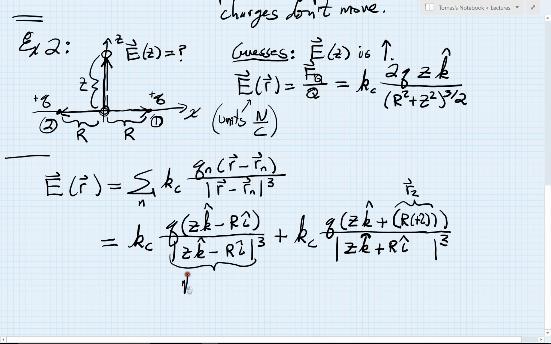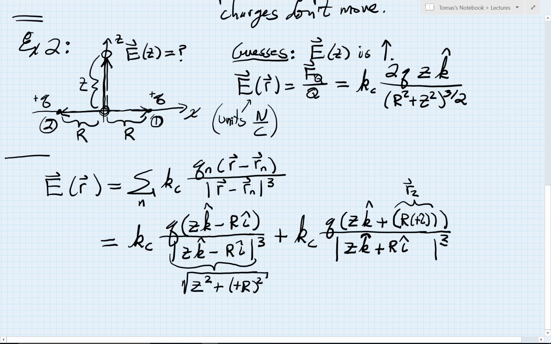So this would just be the square root of z squared plus, now the other component here is minus r, quantity squared. But maybe I'm being a little extra pedantic, because we know that when we take minus r and we square it, that's the same thing as just r squared. The minus sign goes away when you square.